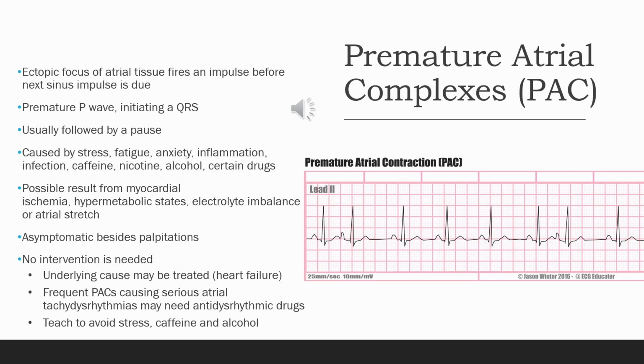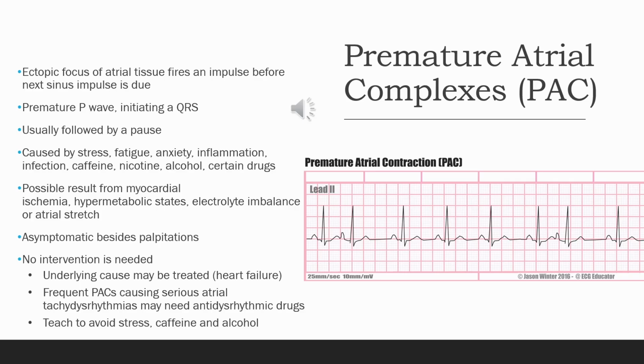We also want to reduce stress and fatigue, avoid any stimulants like caffeine, alcohol, and nicotine, and we may need to adjust some medications if that's necessary. If PACs occur frequently and the patient is at risk for something like atrial fibrillation or another tachydysrhythmia, then an antidysrhythmic medication might be prescribed.